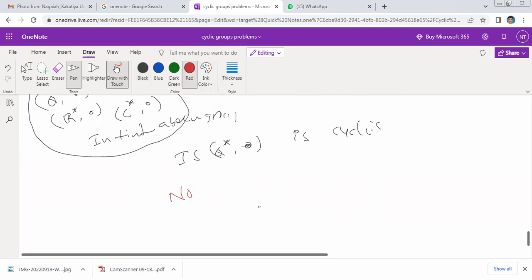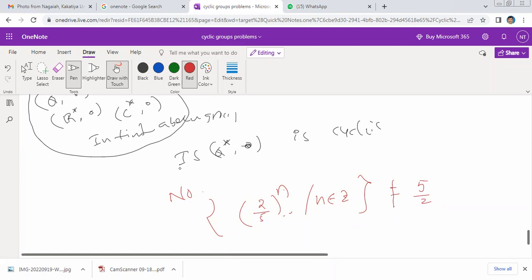The reason: I take any number, say (2/5) to the power n such that n belongs to Z. Does it give a particular number like 5/2? I need the number 5/2, will it come? If you take n equal to 2, 2 power 2 by 5 power 2, 3, 2 power 3 by 5 power 3, it is not possible to give 5/2.